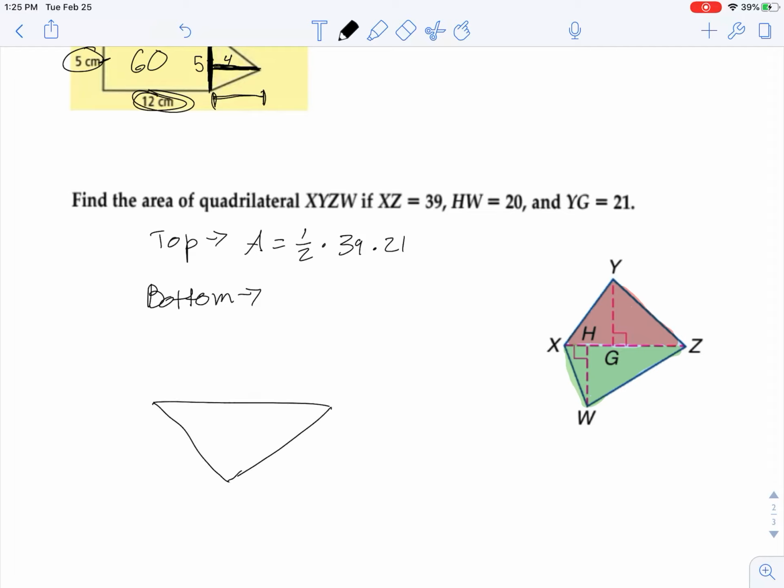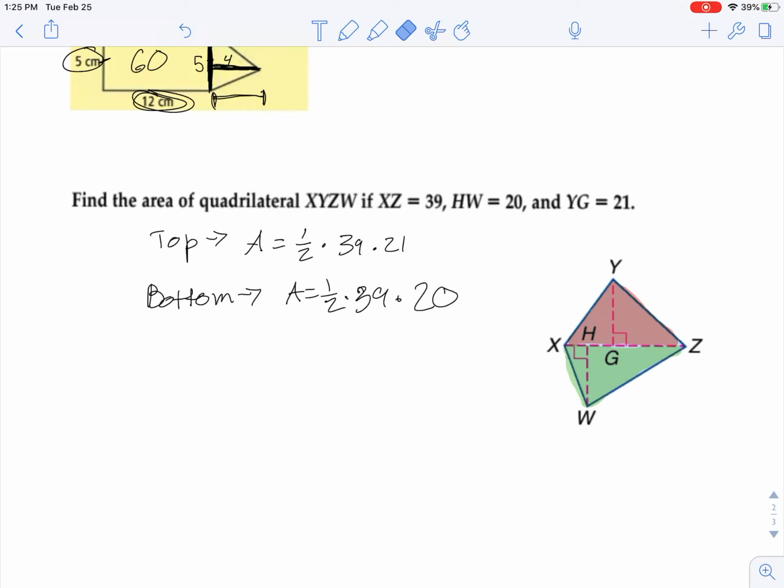The bottom, it doesn't have to be perfect, but X, Z, W, H. HW we said was 20. And XZ again is 39. So for this one, area will equal 1/2 my base times my height. And then it's time to calculate.